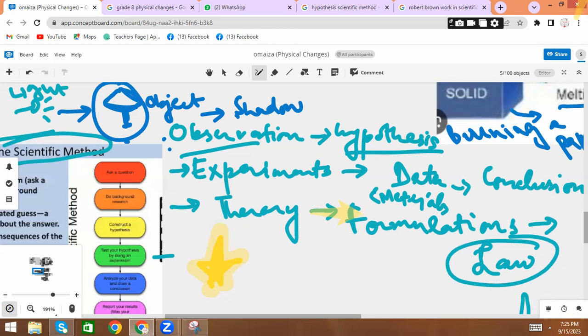Then different lights were made to fall on different objects, and we made data out of it. Then we made the conclusion that when any object is placed in the path of light, it casts a shadow instead of passing out of its body. So this is how the scientific method is used to make different laws. This is a normal example.